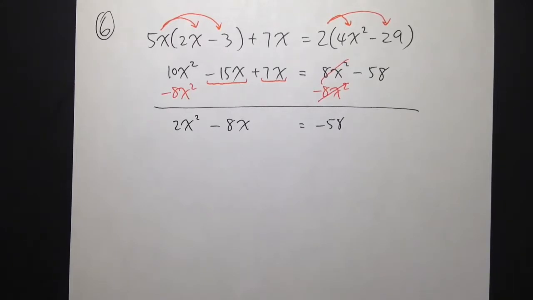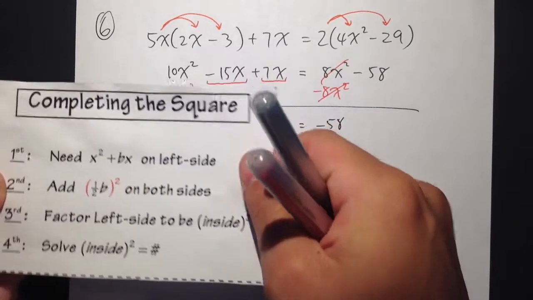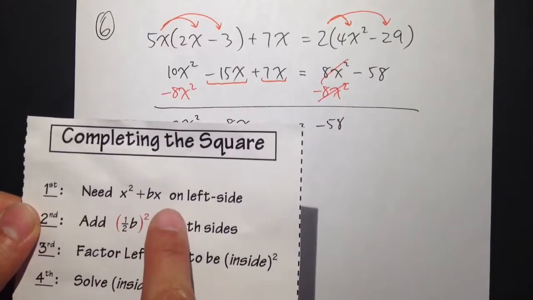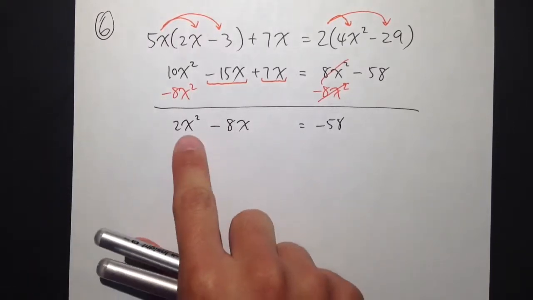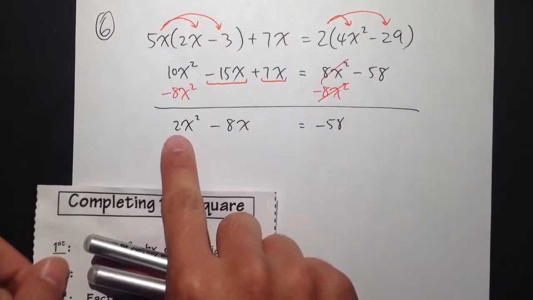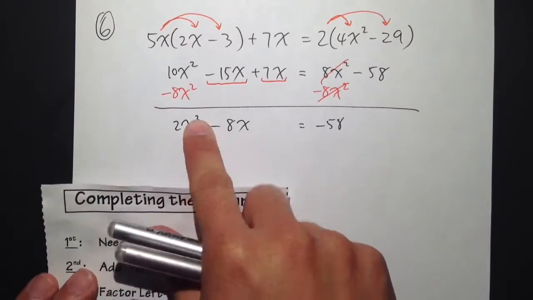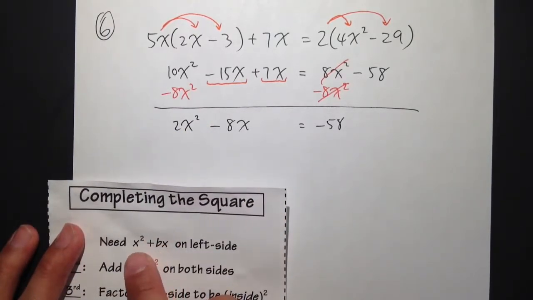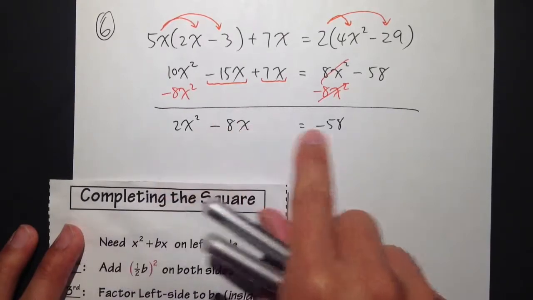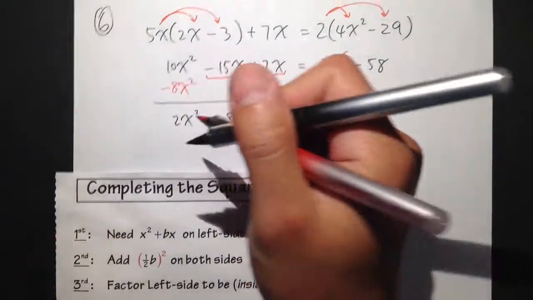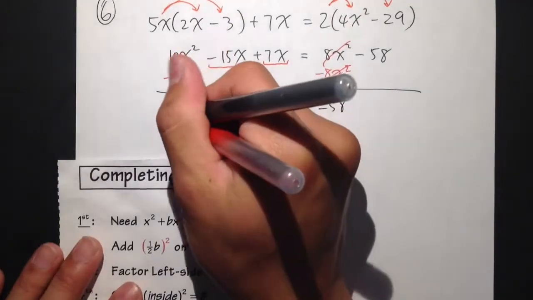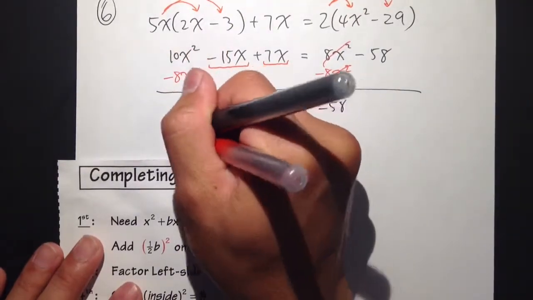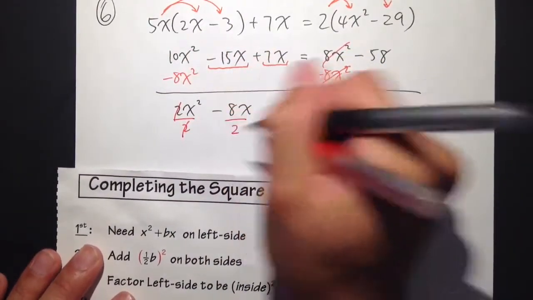If we want to do completing the square, we need to have the x squared plus bx on one side. And we almost have it, because here we only have 2x squared, but we just want x squared, right? So we want to divide by 2 for these three numbers. So divide by 2, we can cancel the 2's, and I also have to do the same for the rest.